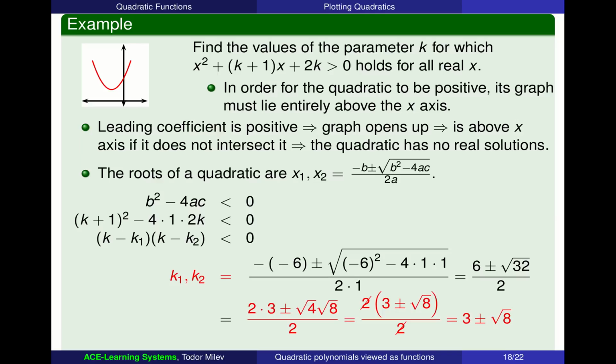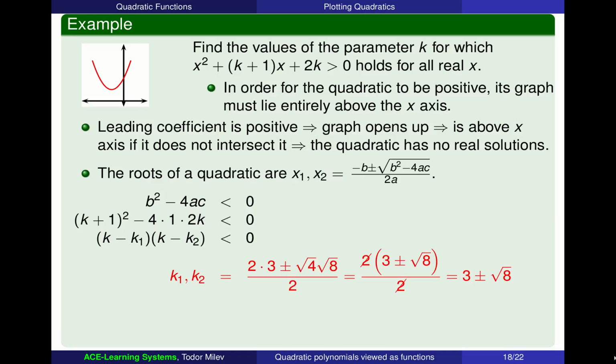Okay, so I found the numbers k1 and k2. Now I run out of space again, so if you don't mind, I'm going to erase part of what you see here and move my formulas upstairs. There we go. All right, we're almost done. So let's see what is going on.